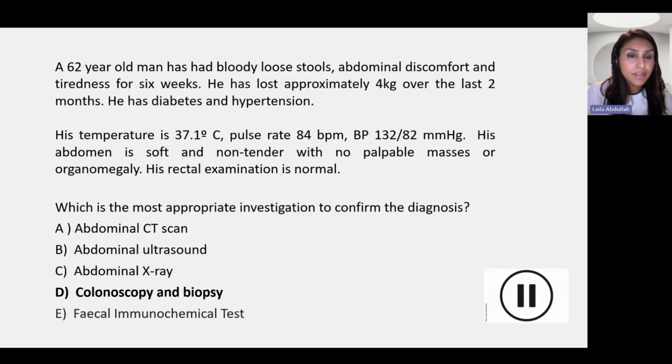This is how I've reworked this question, so that the answer is colonoscopy and biopsy, and have a think. You may spot things that I haven't, and you may spot some faults as well. It's very difficult to write a perfect question, but it's really good to have that critical eye.